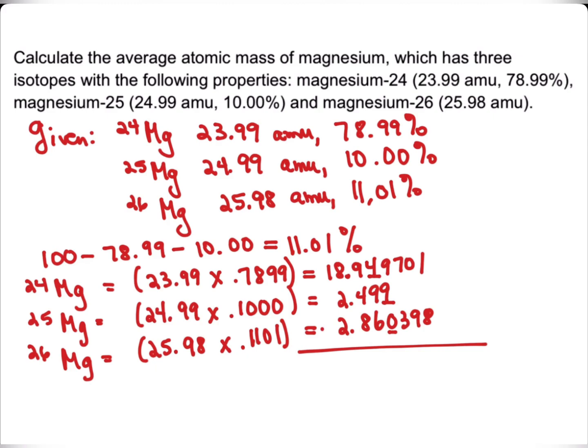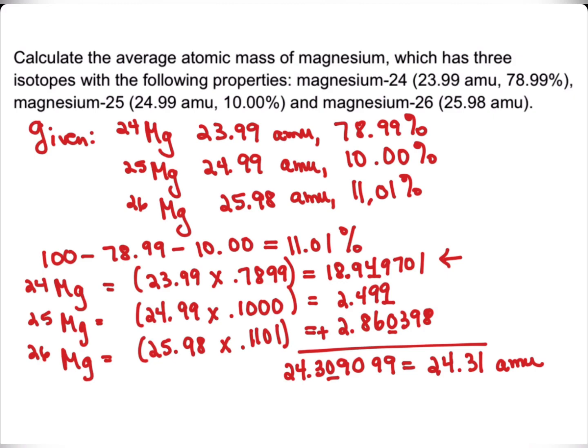Now, I'm going to add up these numbers, and I'm going to get 24.309099. Now, when I'm adding numbers, I'm looking for the fewest decimal places. This one has 2 decimal places, so I'm going to round at the second decimal place. So my final answer is 24.31 AMU.